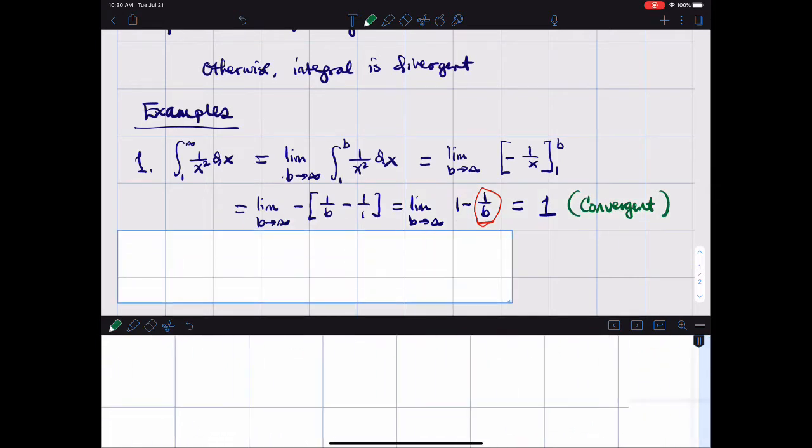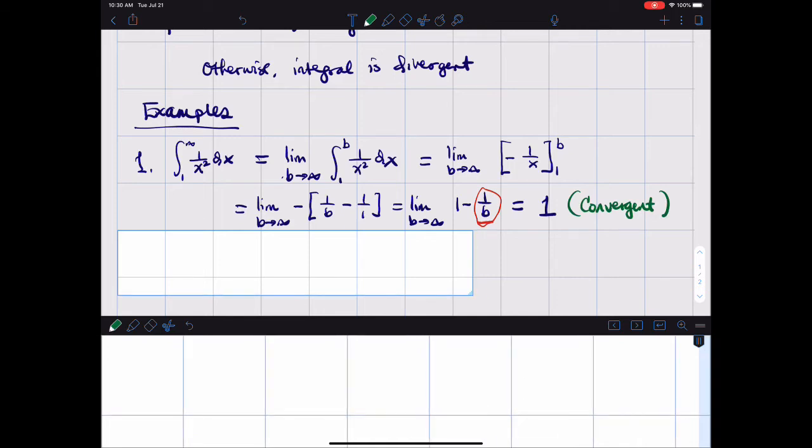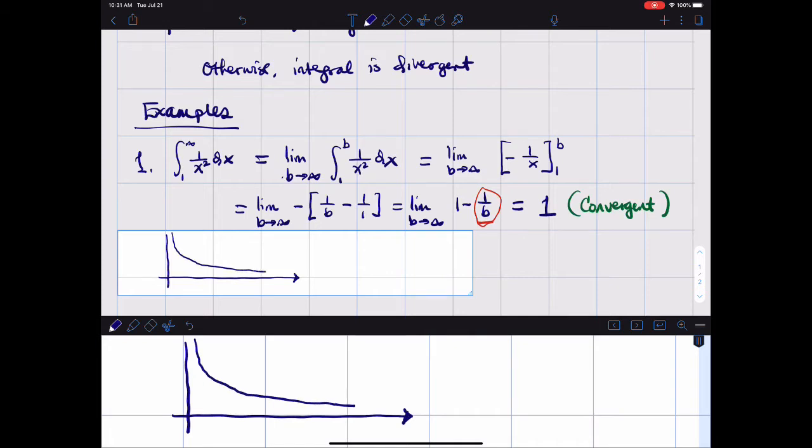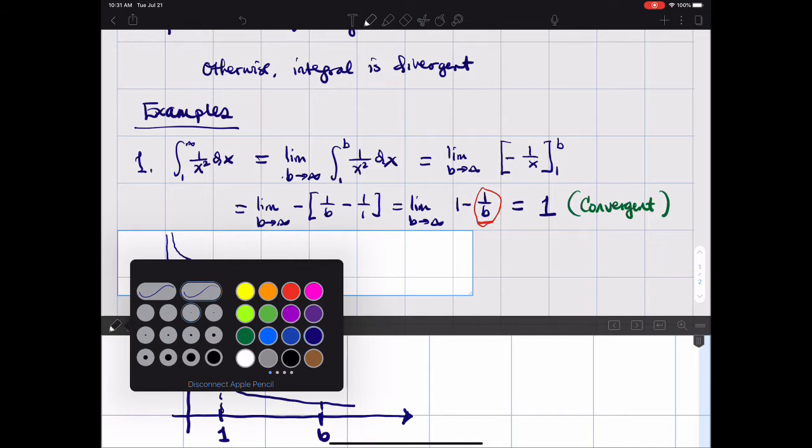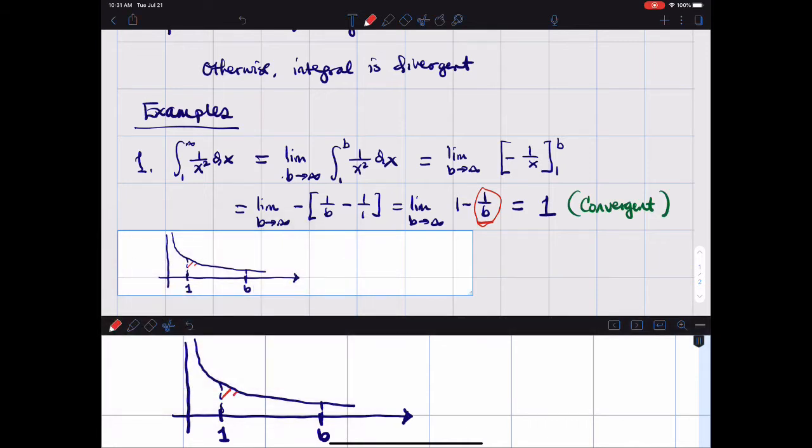Now, graphically, what does this look like? This is the graph of 1 over x squared, and maybe this is 1, and this is b. What we're trying to show with this integral is that if we let b go to infinity, the area is a finite area.